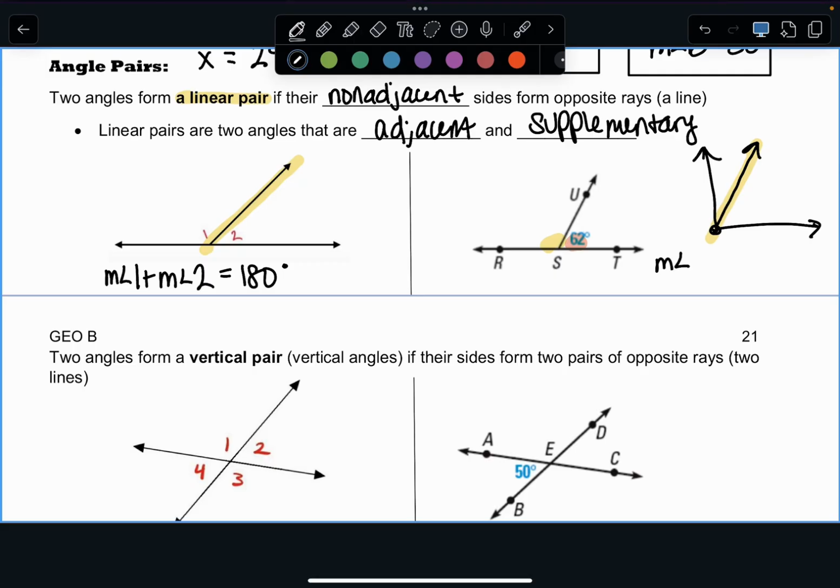We could say the measure of our yellow angle, so USR, plus the measure of our orange angle, that's 110, 62, is equal to 180. What'd you say? Yeah, it's 180. Yeah, perfect. You subtract, we end up getting 118 degrees.